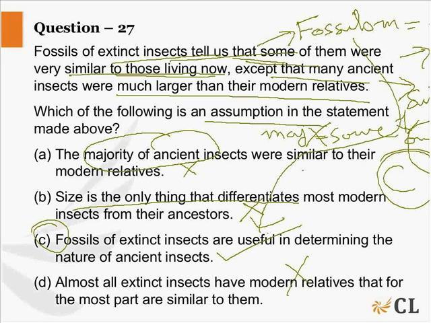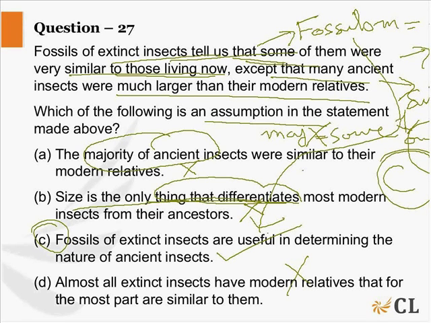So I hope, Dinesh, it is clear to you? Size is the only thing that differentiates. Please understand what it wants to say. It is saying, Dinesh, that size is the only differentiator, which the passage is not saying.